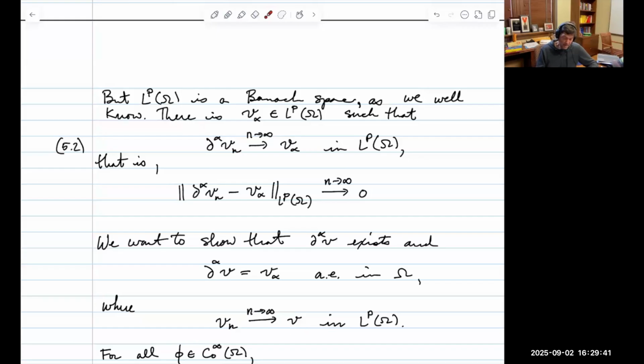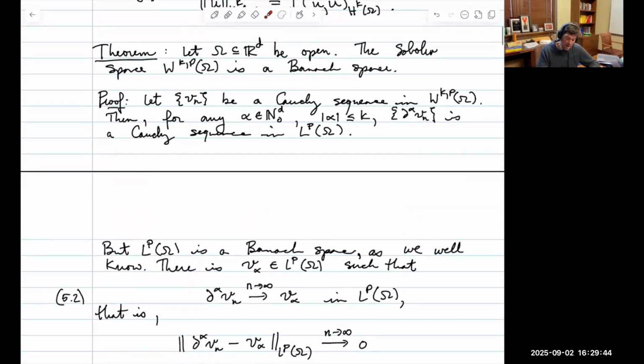Well, we said a priori that all of these sequences are Cauchy sequences. So I want one in particular.